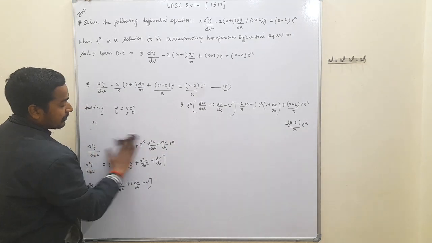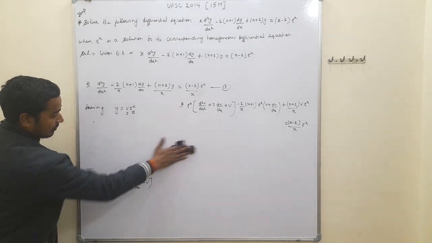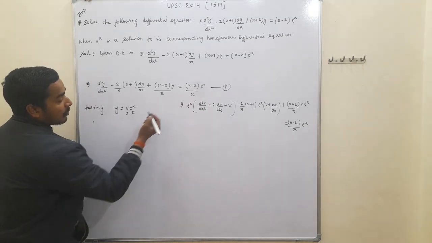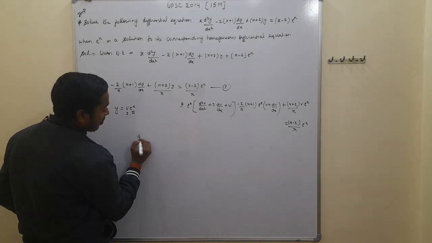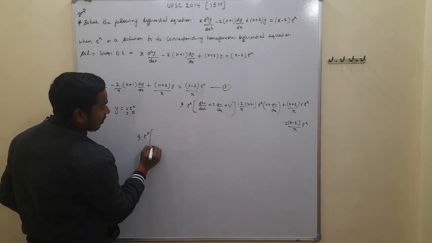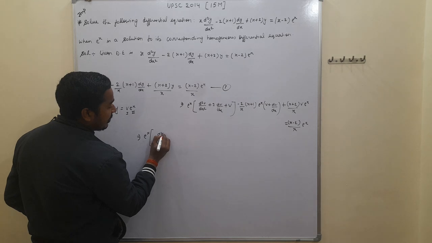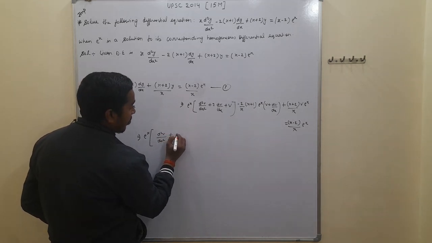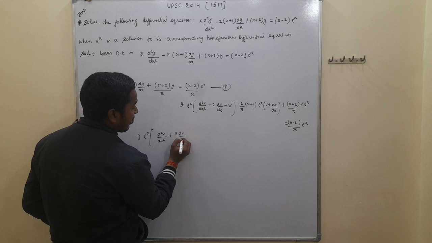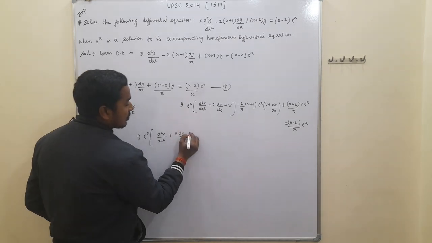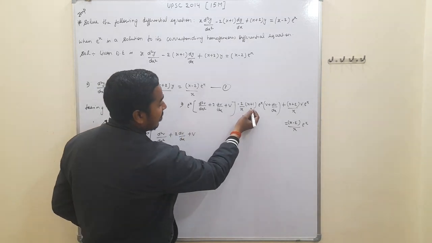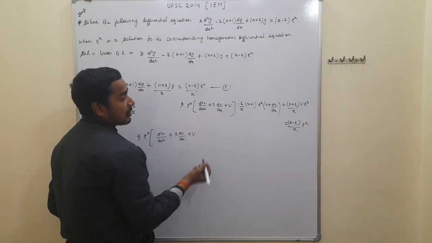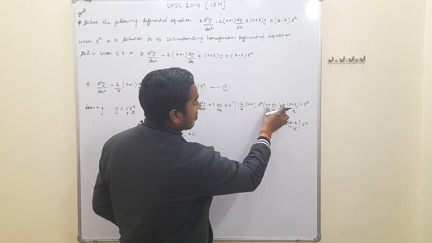Taking e to the power x common from the left hand side, this gives e to the power x is taking common. Here is d2v upon dx2 and plus of 2 dv upon dx and plus of v, and from here this is given by minus of 2 upon x into x plus of 1 multiplied with v plus dv upon dx.